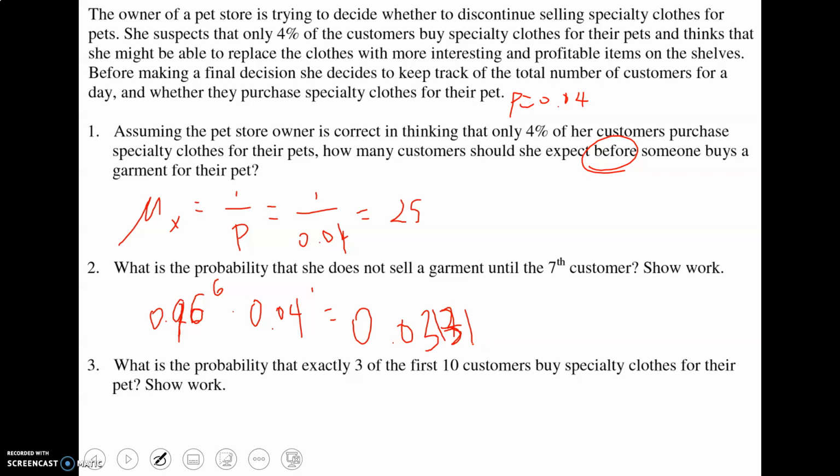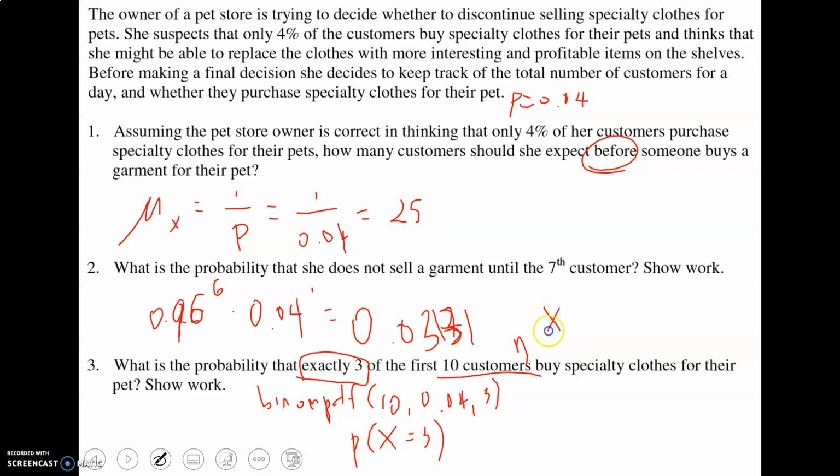3. What is the probability that exactly 3 of the first 10 customers buy? So we know that this one, you can use binom PDF because of the wording exactly, and because it gives you n, which is 10. So you can plug in 10, 0.04, and 3. Or you can write X equals 3, where X is the number of customers buying the specialty clothes.